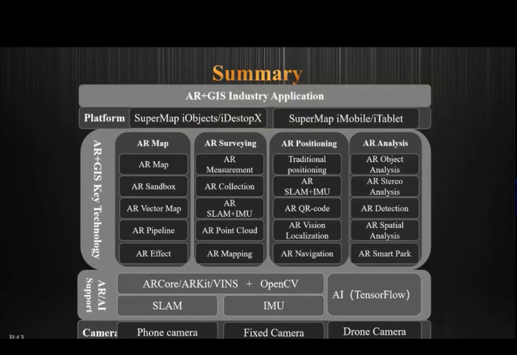And as we know, our mobile products, SuperMap iMobile and iTablet, could provide functions for AR, but SuperMap iObjects or iDesktop X could also reach AR functions. So we could develop many AR and GIS industry applications.